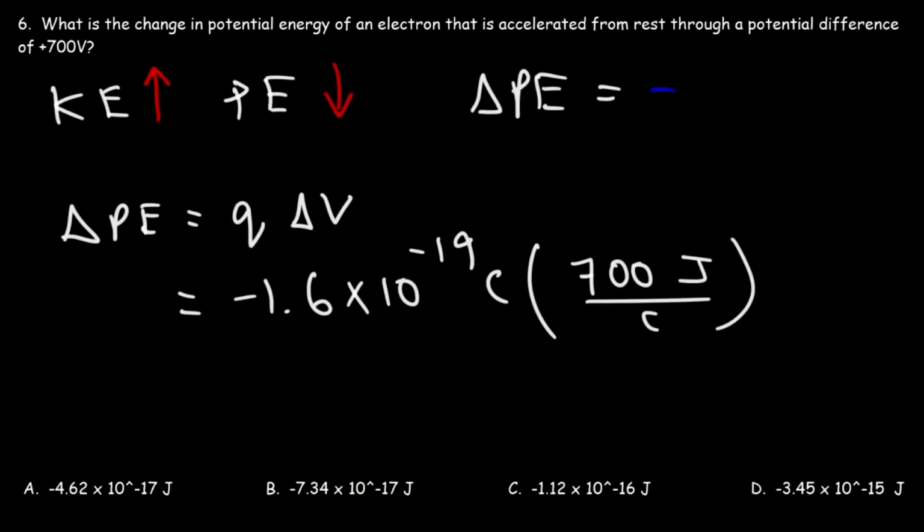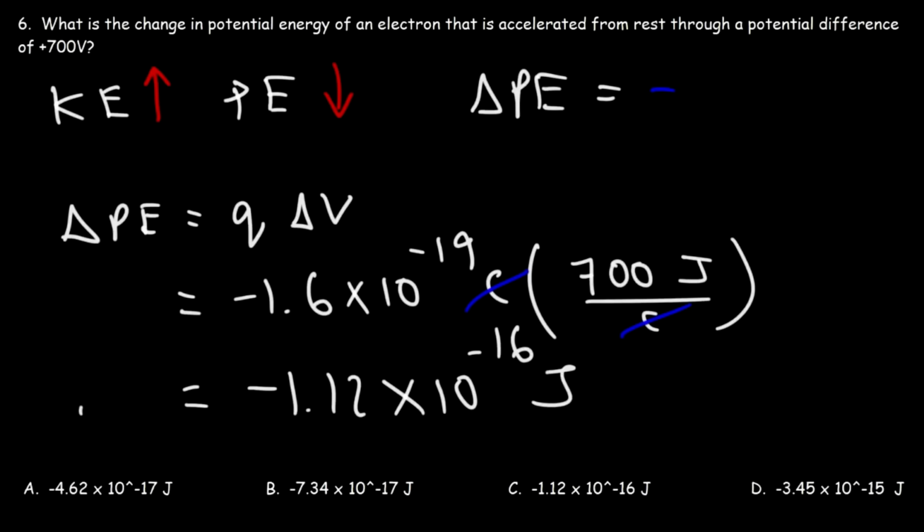So the unit coulombs will cancel, giving us the potential energy in joules. So it's going to be negative 1.6 times 10 to the negative 19 times 700. So it's negative 1.12 times 10 to the negative 16 joules. So that's the change in the potential energy of the electron in this problem.